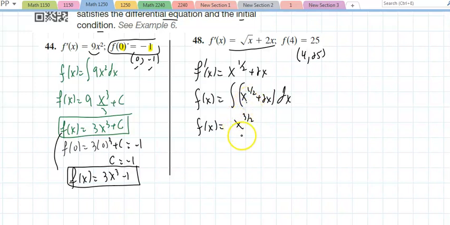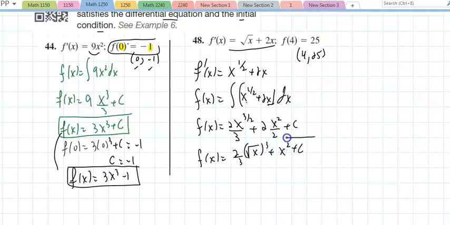If you divide by 3/2, instead of dividing by a fraction, you multiply by the reciprocal. The 2 you ignore, add 1 to the power, divide by that, plus c. So f of x, the general solution, is 2 over 3, the square root of x cubed, plus x squared plus c. That would have been my final answer if they would not have given me this point.